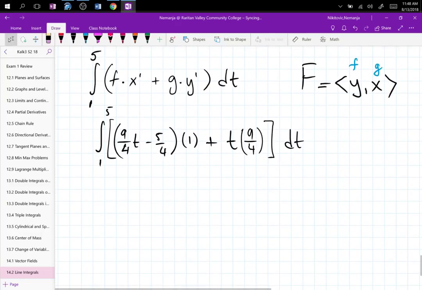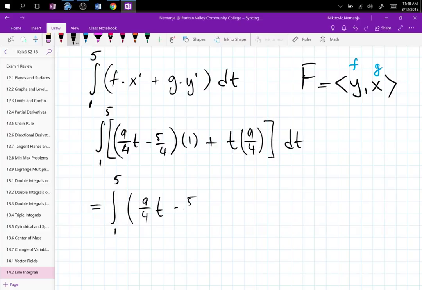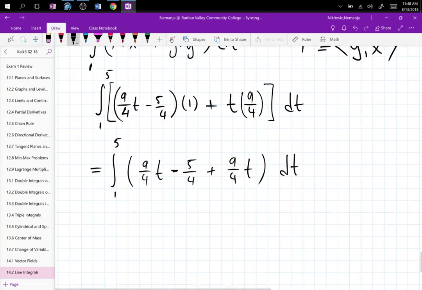Now we have the simplest possible Calc 1 integral to compute. 1 to 5. We have 9/4 t minus 5/4, that's all times 1, plus 9/4 t dt.